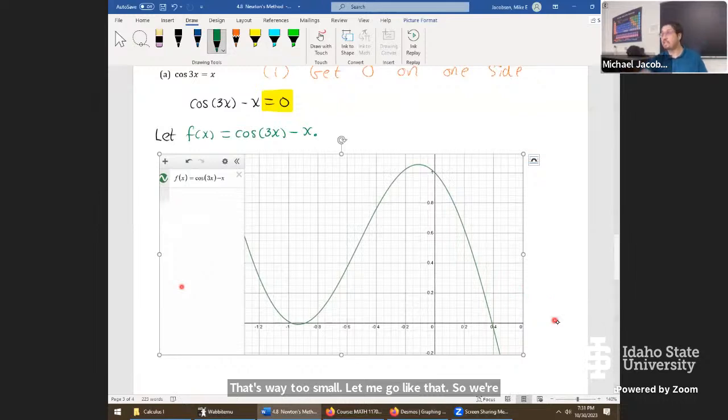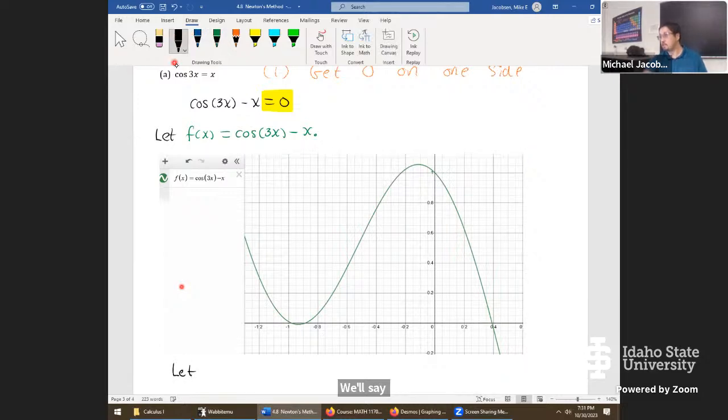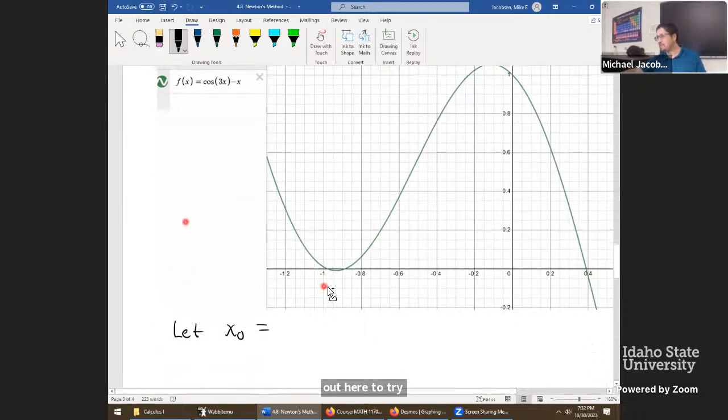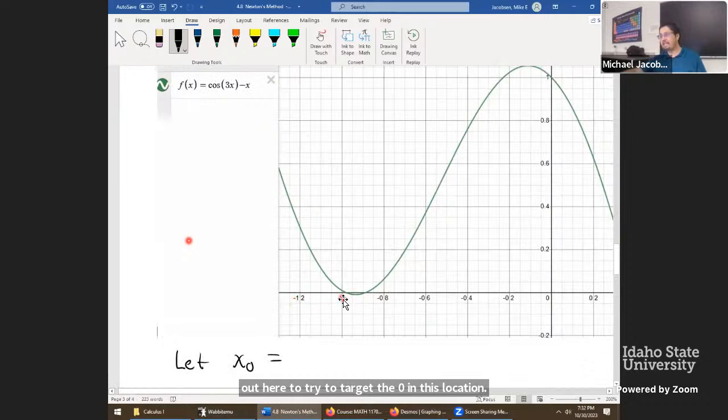So we're going to have 3 initial guesses, and we'll say let x naught, our initial guess, be equal to, we need a value out here to try to target the 0 in this location. And if we zoom in a bit more, you might pick something like -1. That ought to work. Probably -2 might even work. These things are actually pretty forgiving.